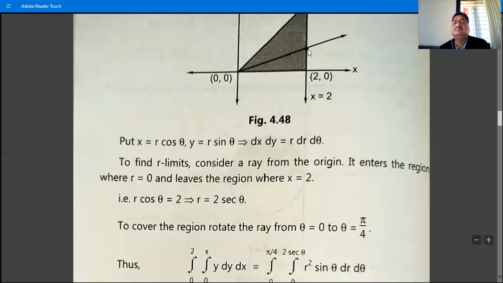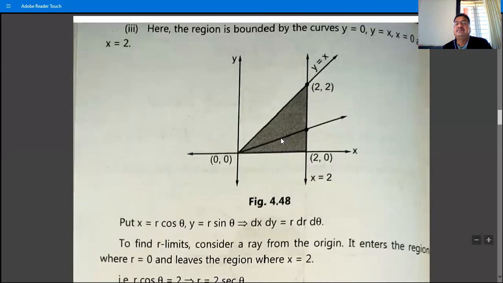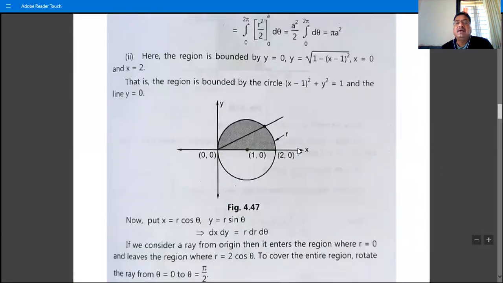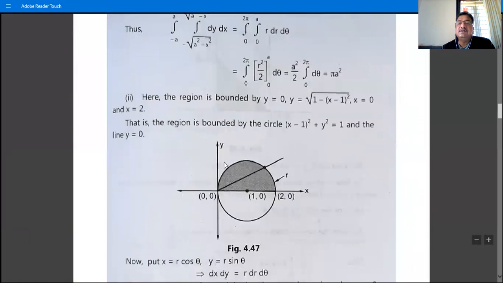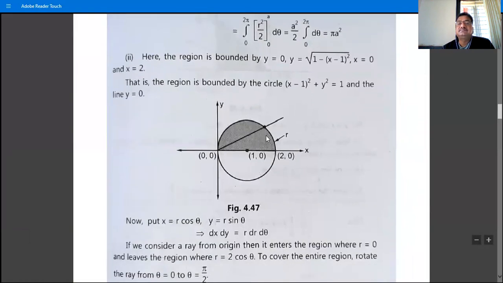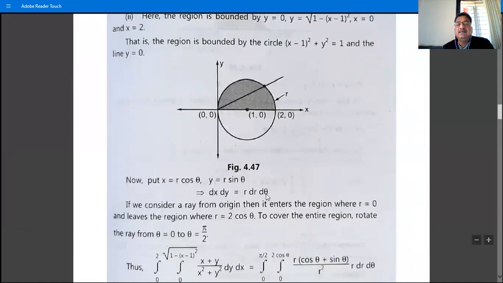The limit of r enters at r is 0 and leaves the region where x is 2. At this line, x is 2. On this circle, x is what?